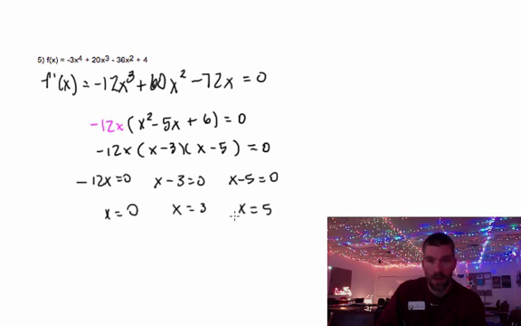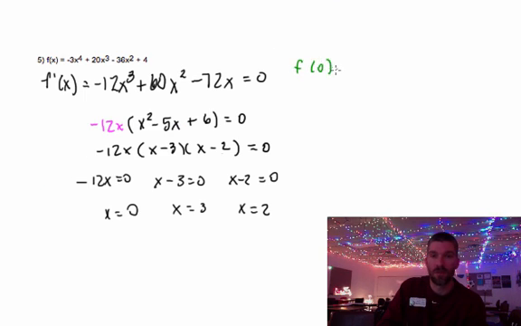Actually this should not be 5, this should be 2, because 3 times 2 is 6. Good thing I caught that. So 2, 2, 2. Then what we're going to do is run all these values through that original function and determine what we've got.